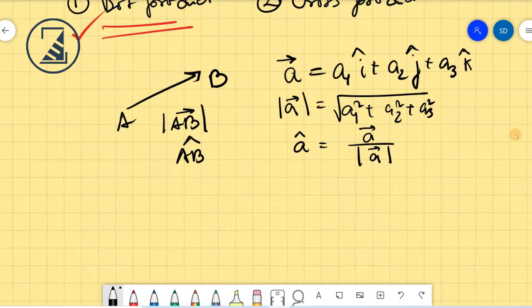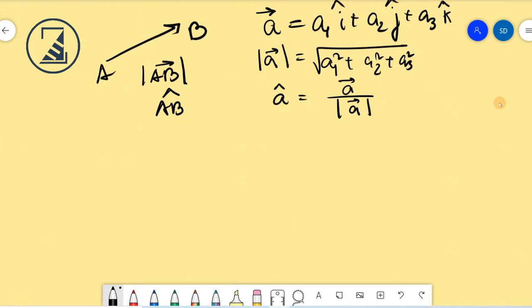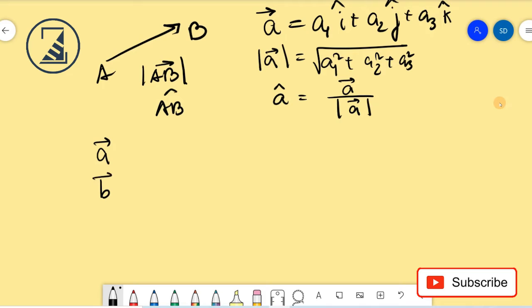So now let's come to the dot product. First I would like to define it. Say I have two vectors, A vector and B vector, and first I will go into the algebraic definition of the dot product.